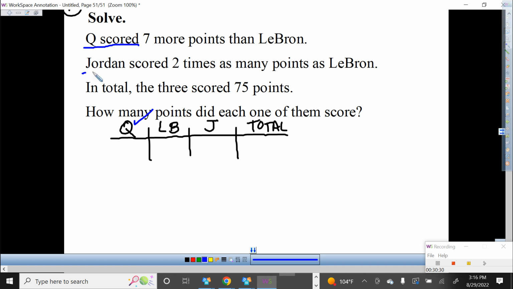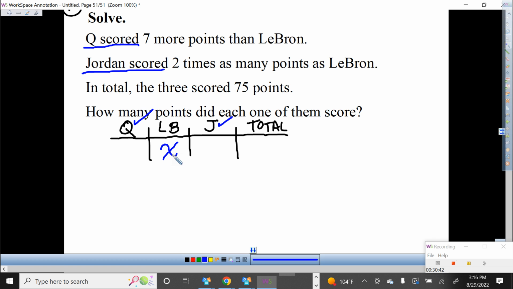Jordan scored. So I'm going to put a check mark on Jordan. Who's the only person they haven't mentioned any information about? LeBron. So guess what? LeBron is going to be our unknown variable. We're going to label him X.